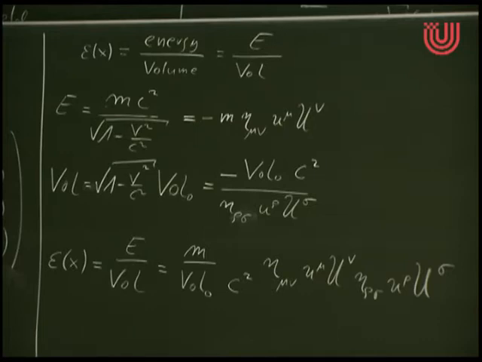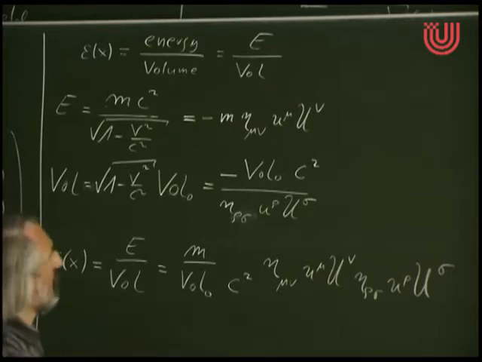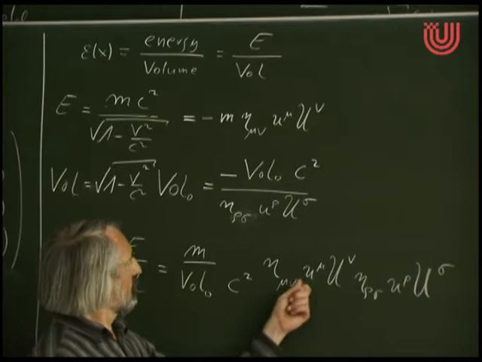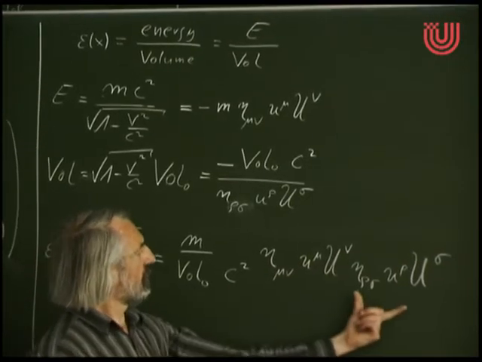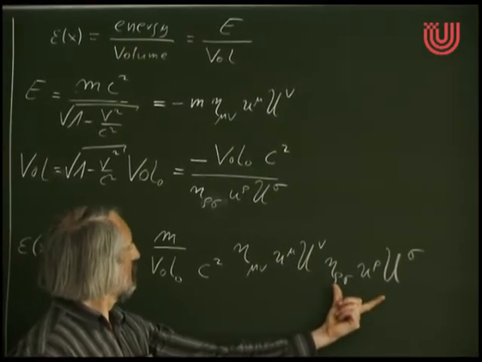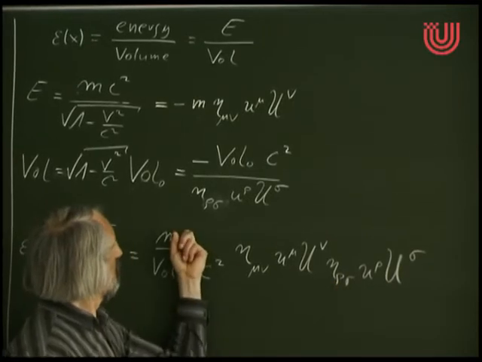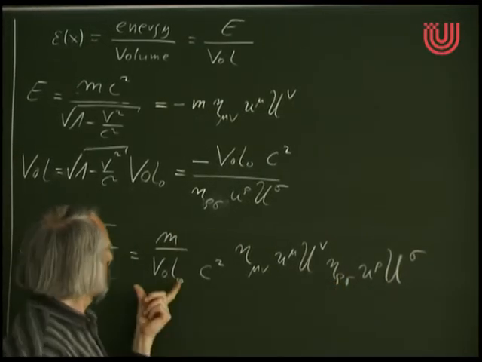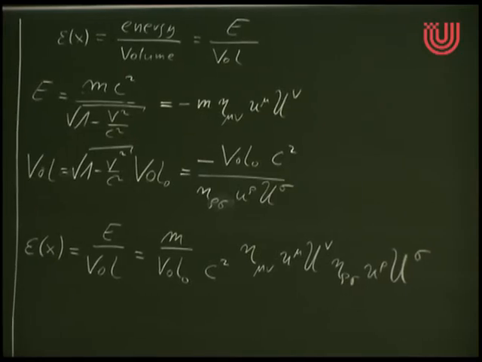Check the dimensions. So this is a c squared. One c squared cancels, and the other c squared. M times c squared is an energy. That's fine, and volume is a volume. I think the units are correct.